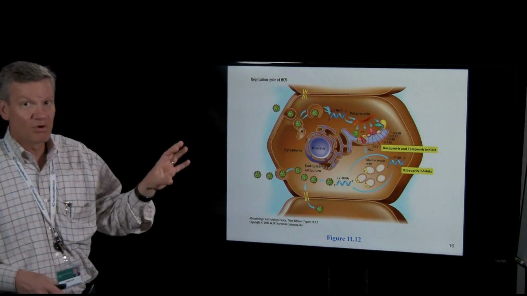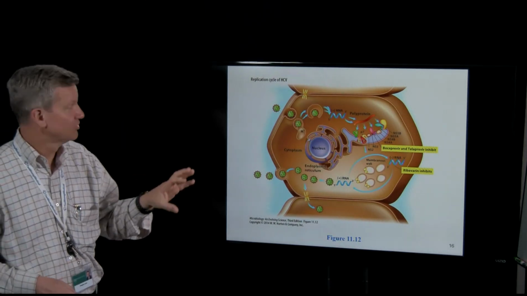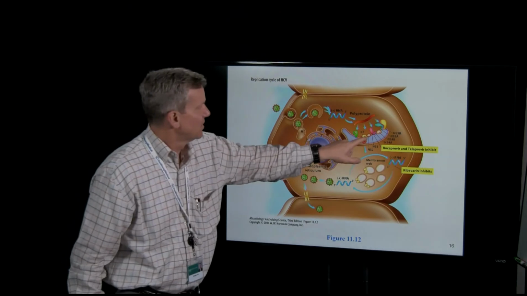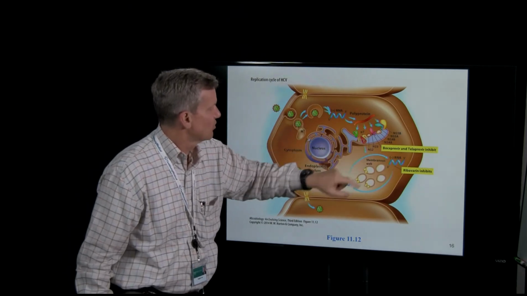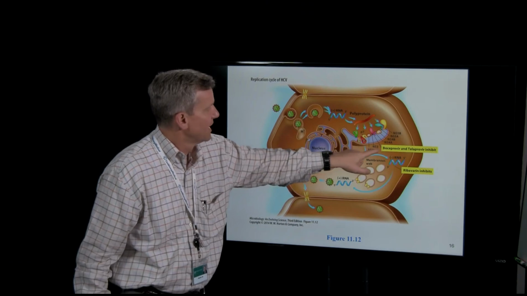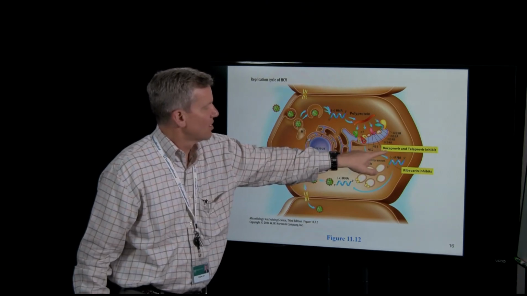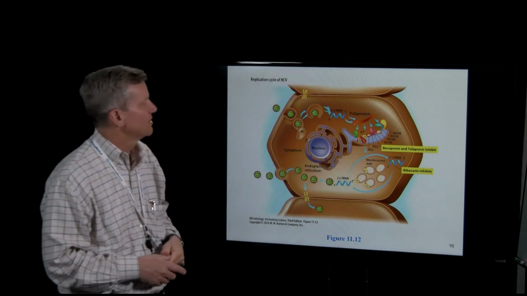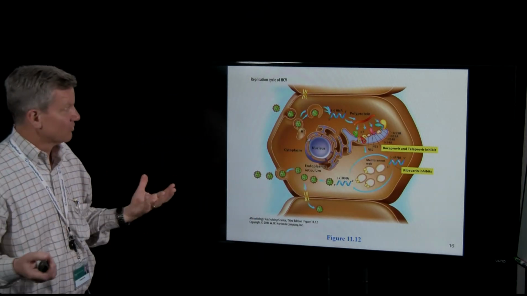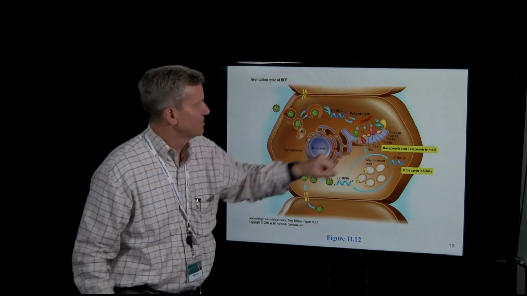But what I really want to call your attention to are these proteins here, NS3, NS4, NS2 in some respects, and a couple of companies, as a matter of fact, have made antiviral drugs that inhibit these proteases.